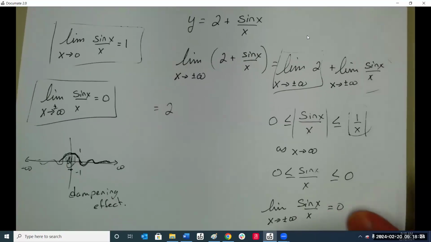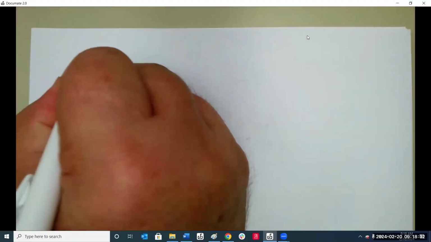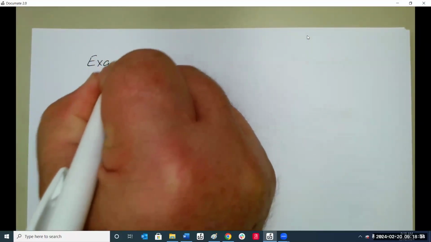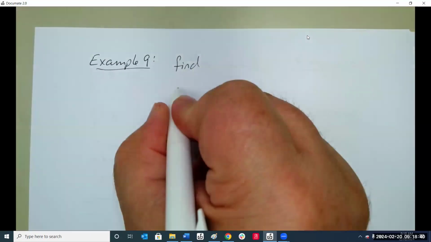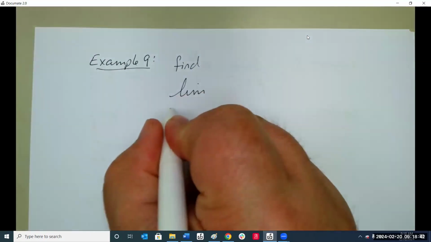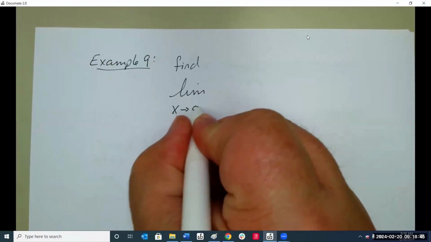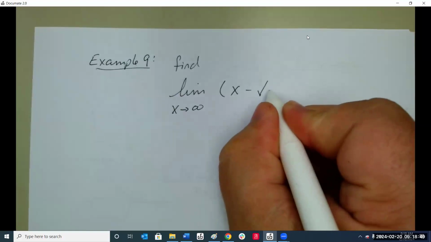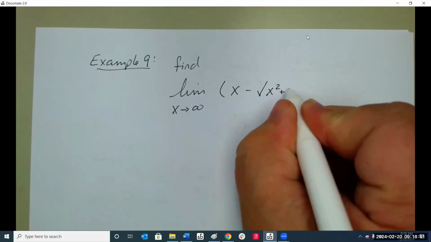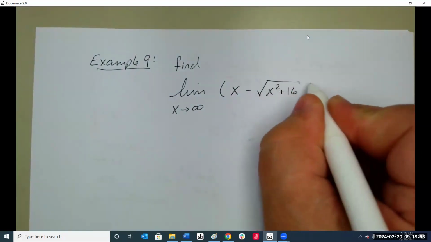Example 9. Find the limit as x approaches infinity of x minus the radical of x squared plus 16.